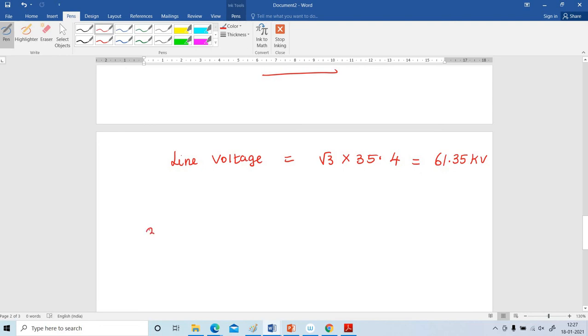The third question is to find the string efficiency. So what is the formula for string efficiency?